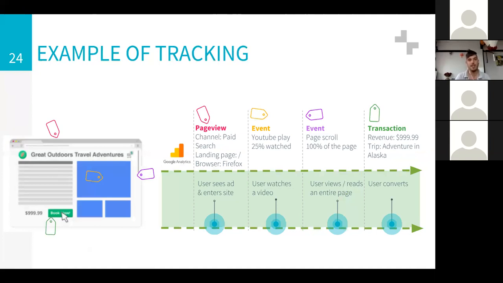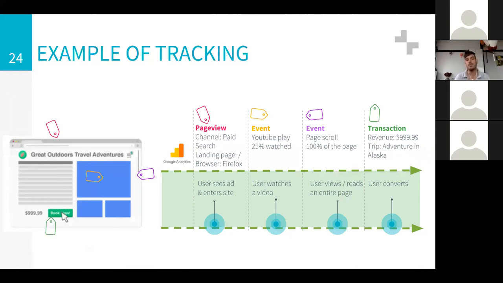The person will click and enter my site. As the script is loaded, I will send the page view to Analytics, and the page view will contain where the person was coming from, but it will also contain the page where he landed, the browser that he was using, and the timestamp, that's the main information that comes with the page view.